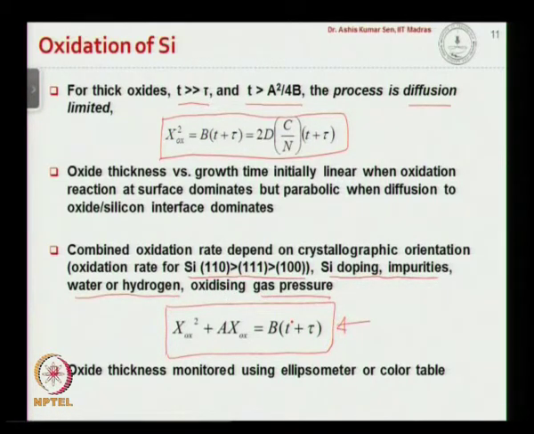So these are different parameters that would affect the oxidation rate. Typically this is one model that you can use to predict the thickness of the oxidation layer. Alternatively, you can use tools like an ellipsometer, an optical technique that can be used to measure the thickness of an oxidized wafer, okay. And you can also use a color table to get an approximate idea of how thick the oxide layer is.